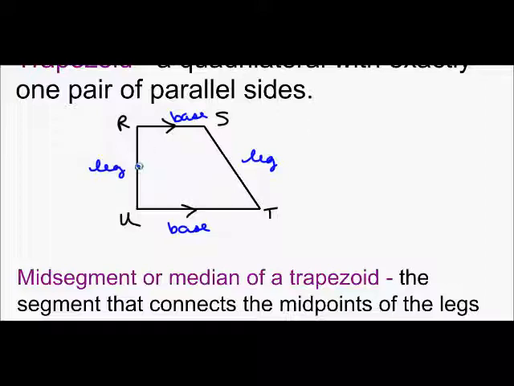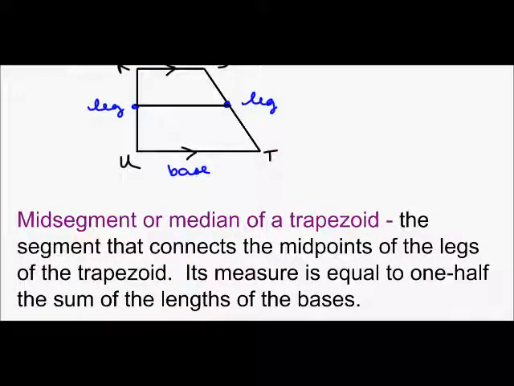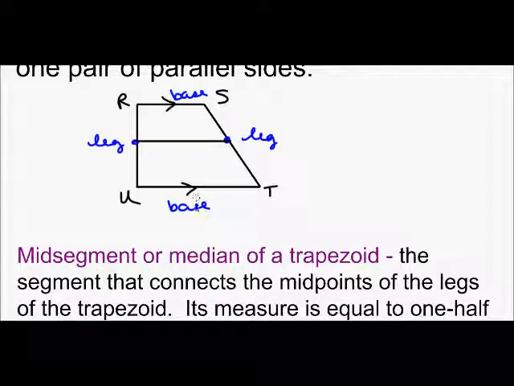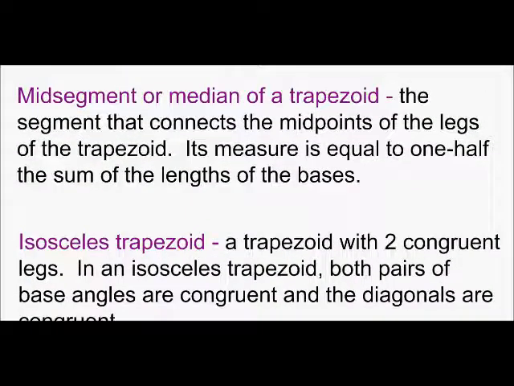So if we have the midpoint here and here of those two legs, that is our median or mid-segment of the trapezoid. Its measure is equal to 1/2 the sum of the lengths of the bases. So if I add up base 1 and base 2, divide by 2, I get the length of the mid-segment.